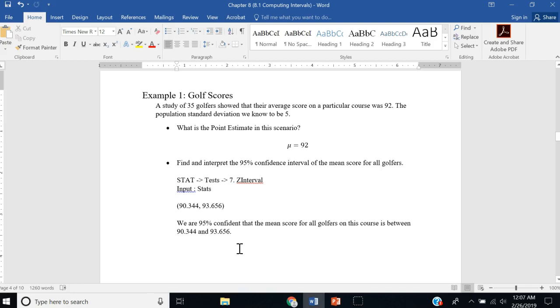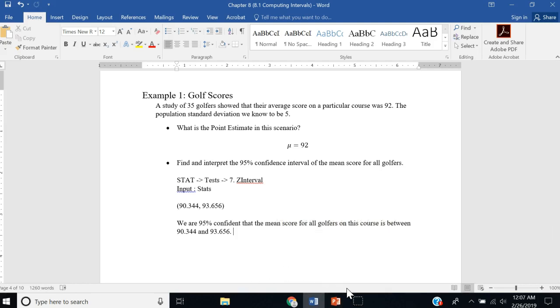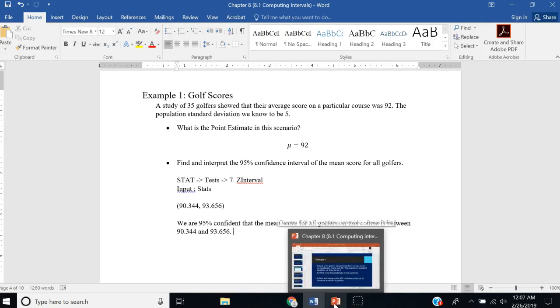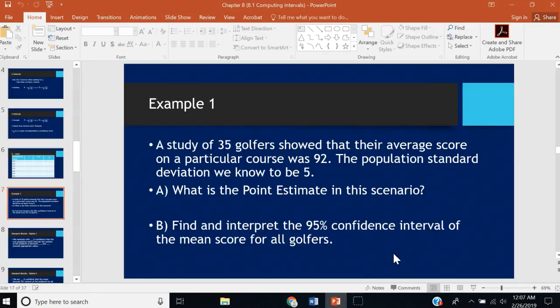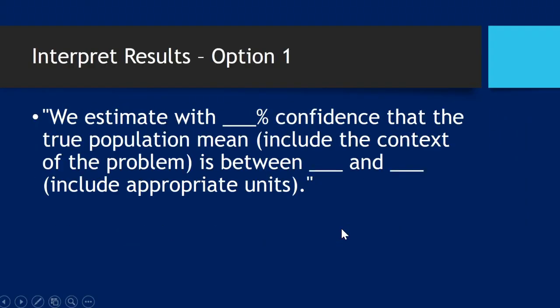Like we did here, we're 95% confident that the average score for all golfers on this course is between 90.344 and 93.656. All right. By the way, that's exactly how we're going to interpret our results.